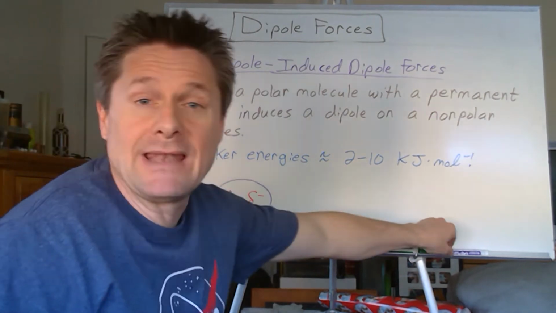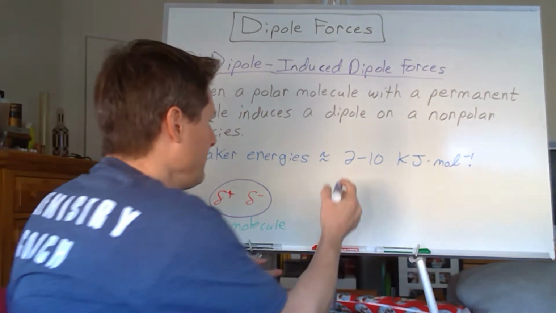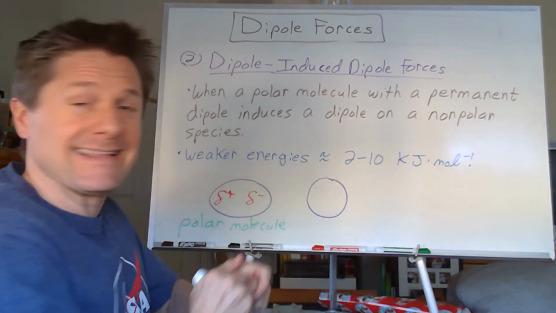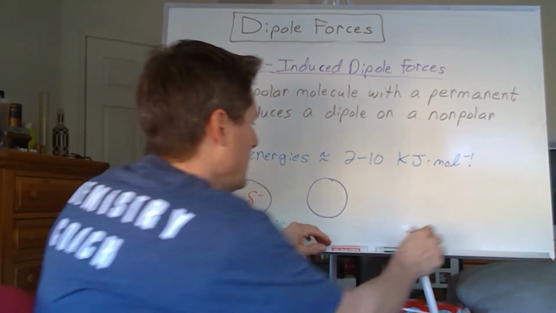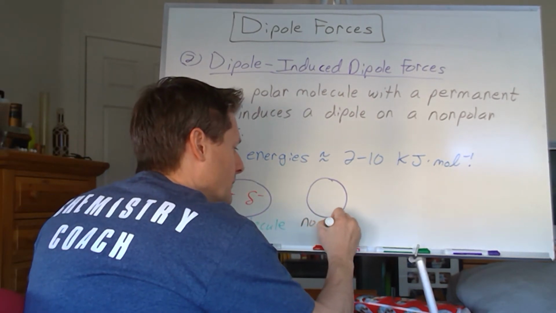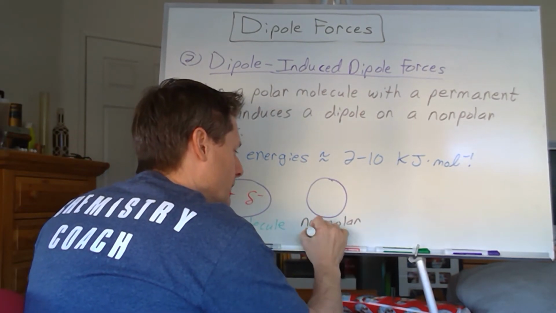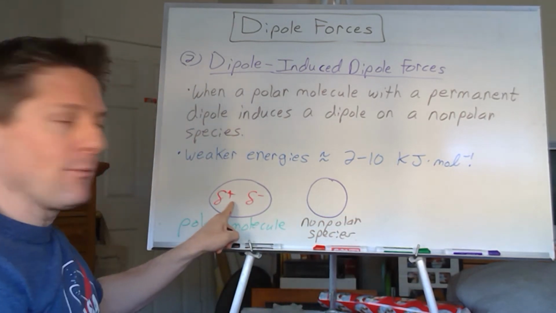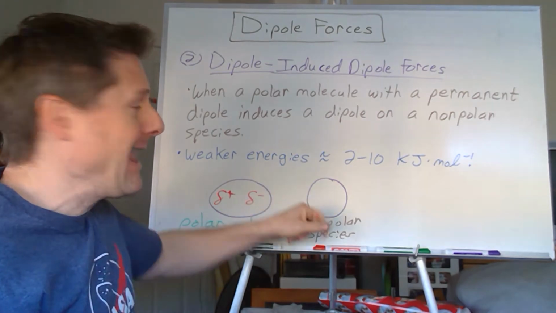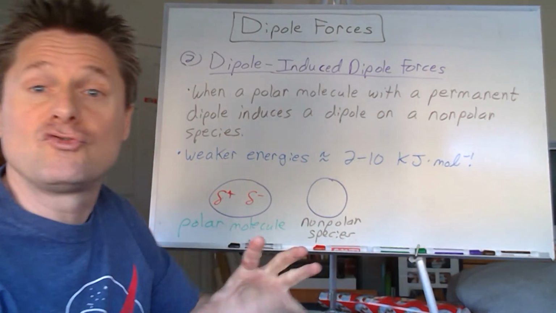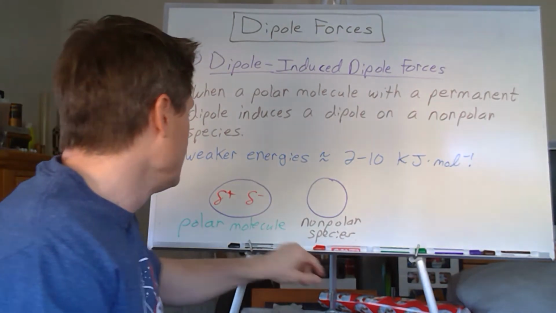So let's represent the nonpolar species as a sphere. So that's that symmetric charge distribution. We'll call this our nonpolar species. And just like we did with the ion, right, we had the cation or anion here, and it caused induction on the nonpolar species, meaning it distorts its electron cloud, right?